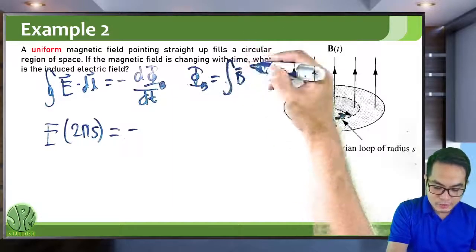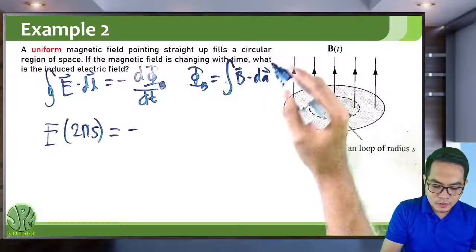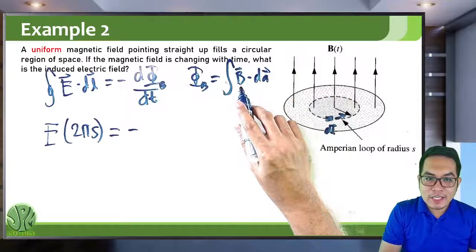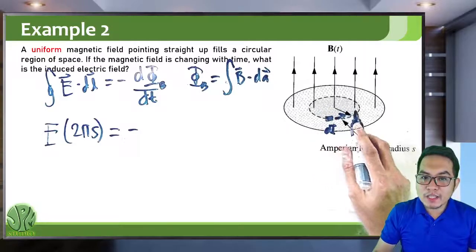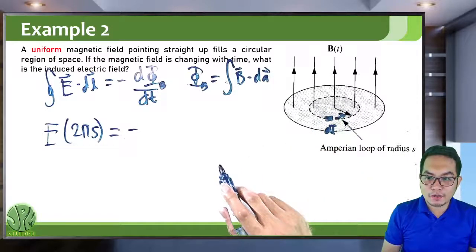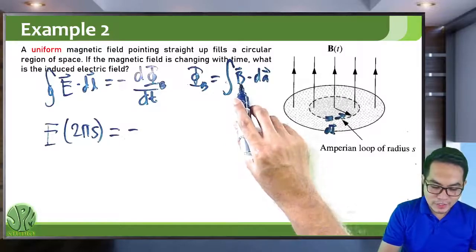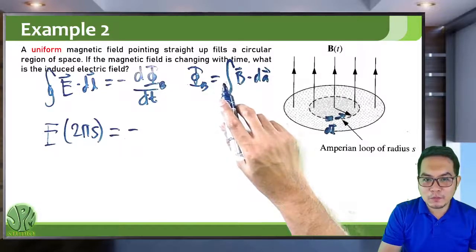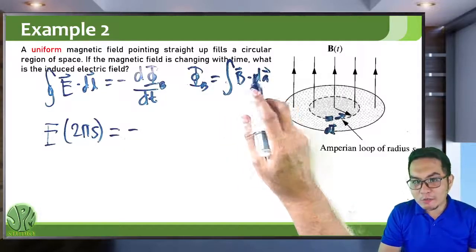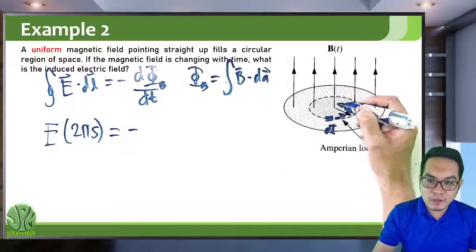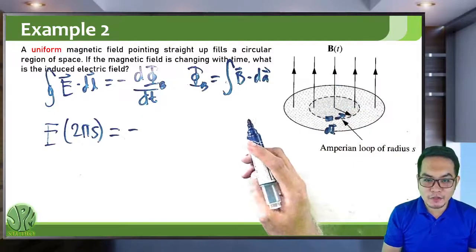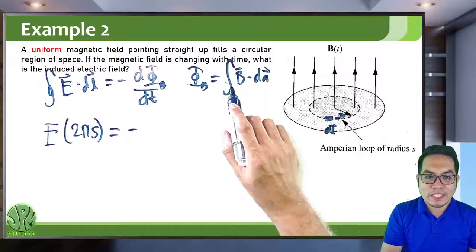The magnetic field is uniform at all points in the area of the loop, so I can take it out of the integral and I will be left with B dot A, the total area. B and the area vector point in the same direction, so it reduces to B times A.